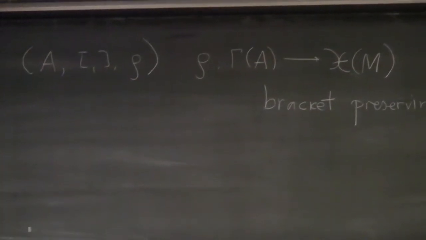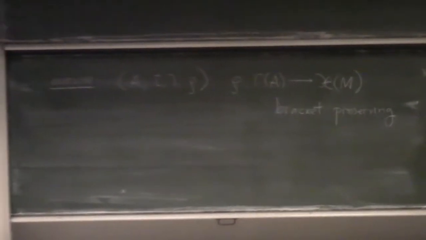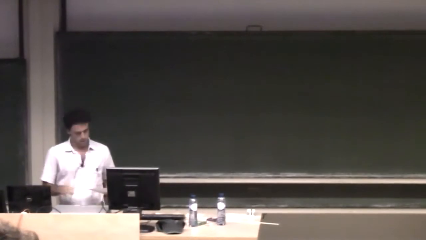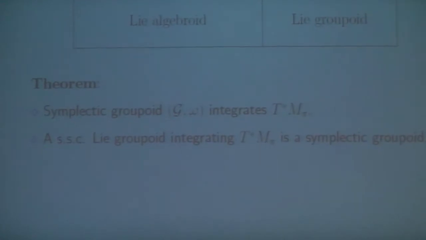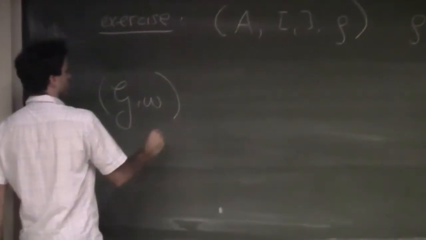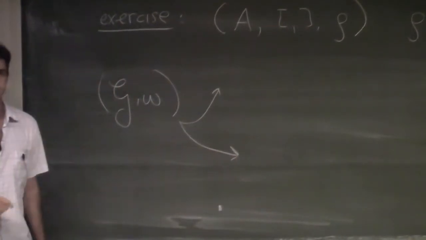Okay, and then I also started describing a bit the infinitesimal counterpart of symplectic groupoids. And so the theorem that I discussed was that on the one hand, if you have a symplectic groupoid, remember that in the case of a symplectic groupoid, you have a groupoid which has a symplectic form. So in principle, you have two algebroids in the picture.